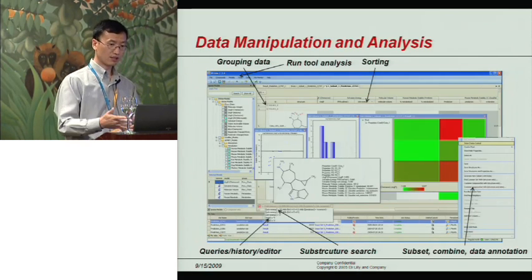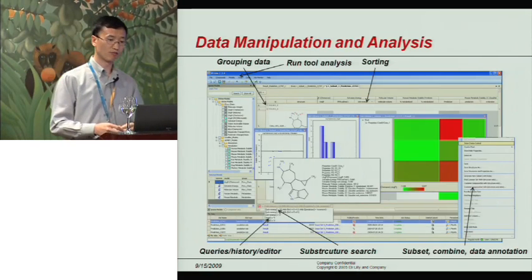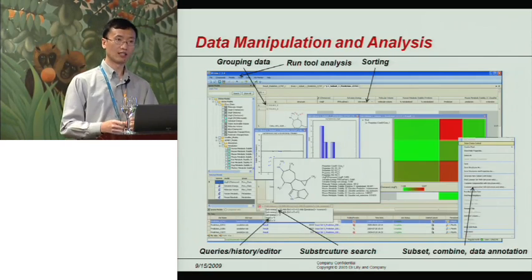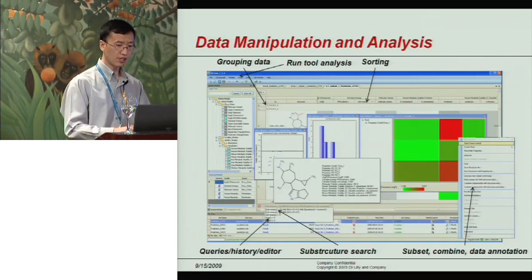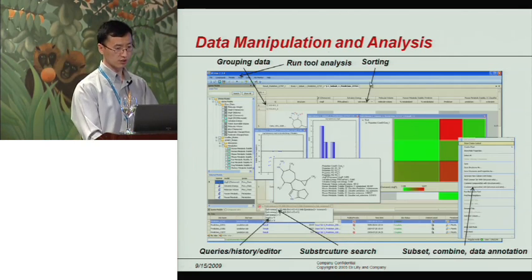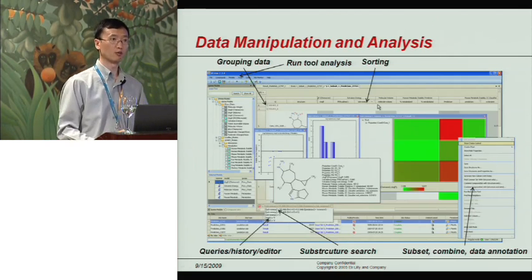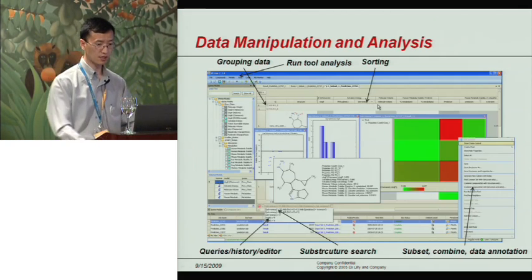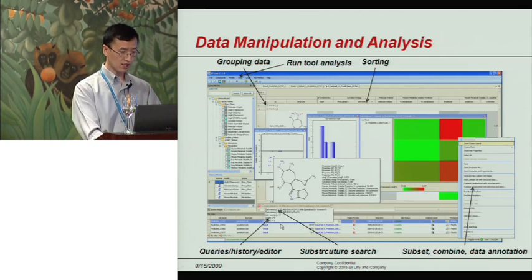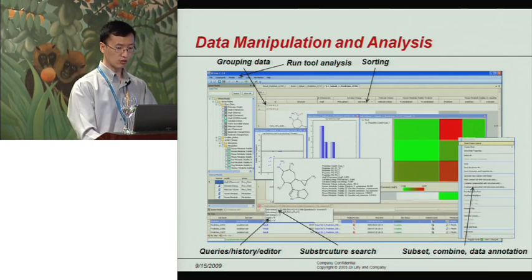Like I said, the data grid and charts are linked to each other and synced. So you can do some data analysis or manipulation in the data grid, and your chart will reflect your operation. You can group data, sort the data by a single column or multiple columns, create customized filters, and do substructure search.